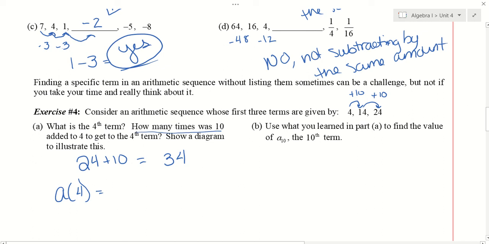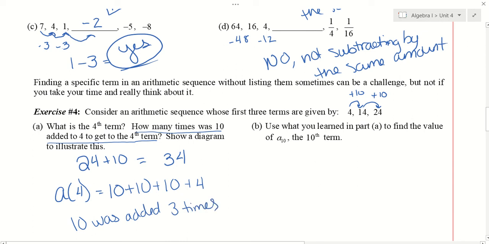Think about it. 10 plus 10 is 20, plus 10 is 30, plus 4. So 10 was added 3 times. On the fourth term, I only added 3 times.